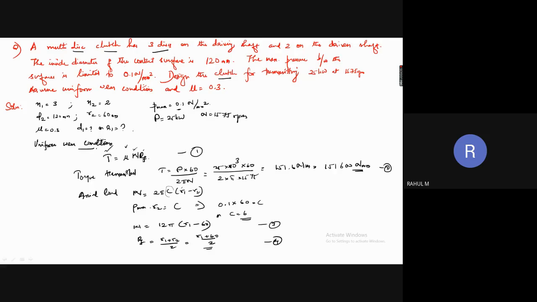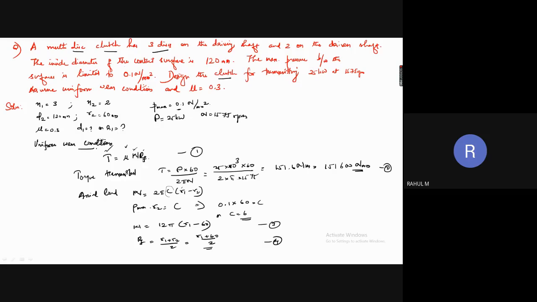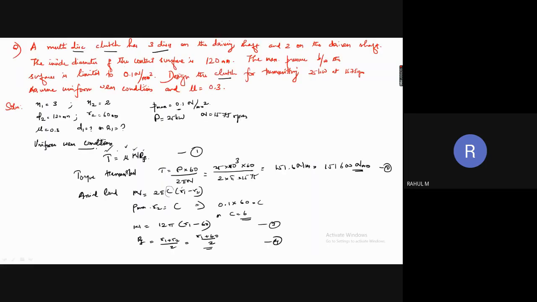And the torque equation, 151600, right? 151600 is equal to, sorry, it is not just mu, n times, right? N mu W RF. So you have to multiply with the n.